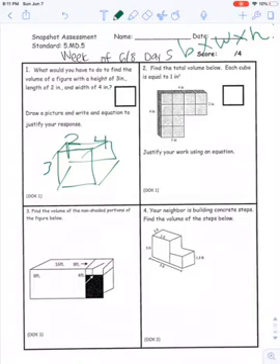We need to multiply those three numbers. 3 times 2 is 6. 6 times 4 is 24 inches cubed.